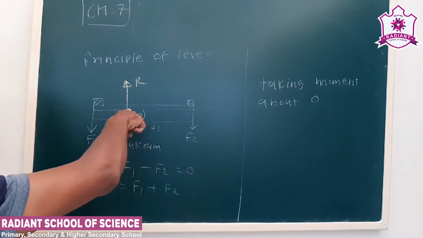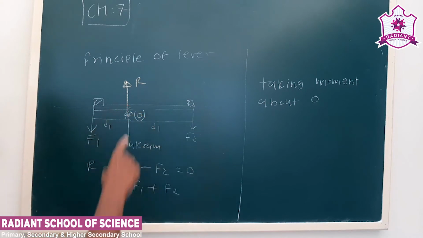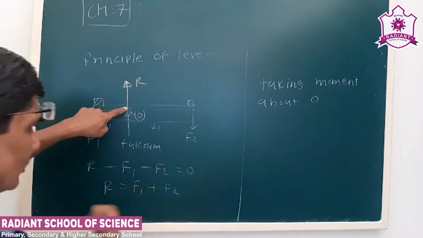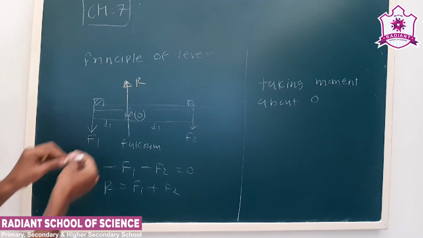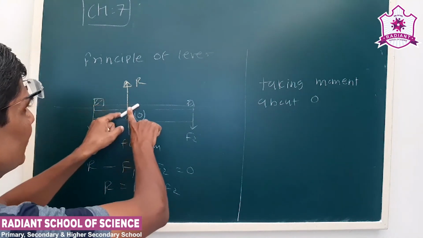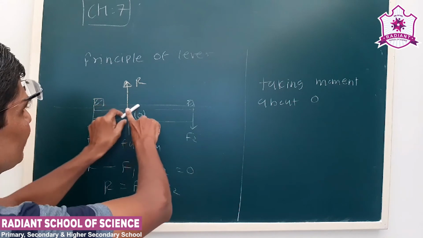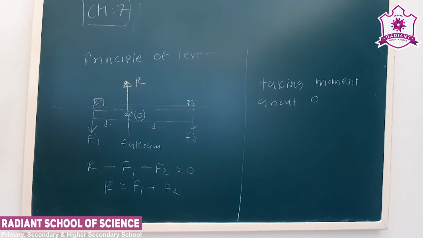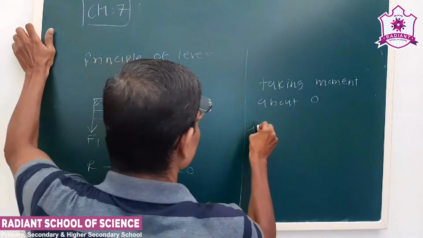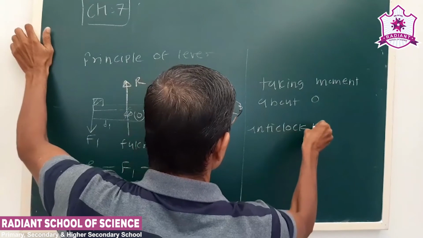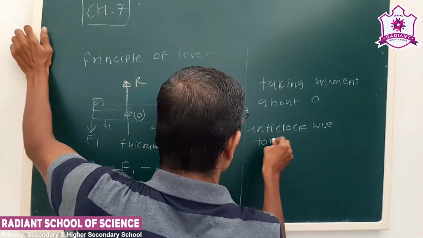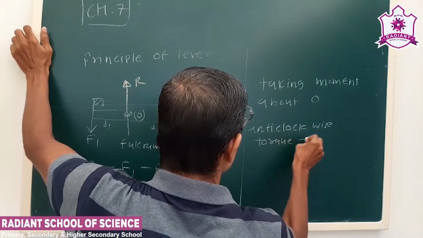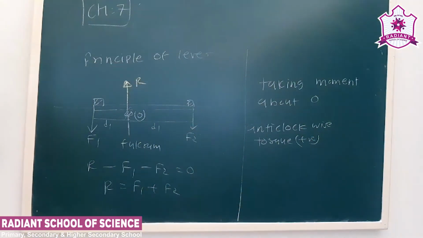This will try to move in the anti-clockwise direction, and this force F2 will try to move in the clockwise direction. By convention, anti-clockwise torque we consider positive, and in the opposite direction we consider negative.